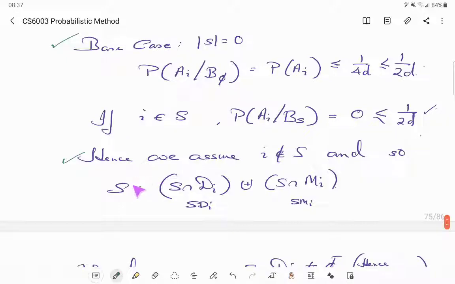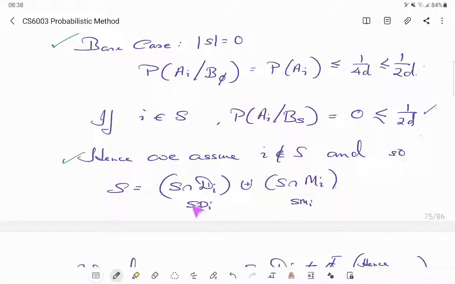And hence, we can now split S, identifying those subscripts which are in Di and those subscripts which are in Mi. Remember, Di union Mi was not the entire M, it had I also, but now that I has been ruled out, we can partition S into two disjoint sets of subscripts, which I denote by these clumsy names, SDI and SMI.